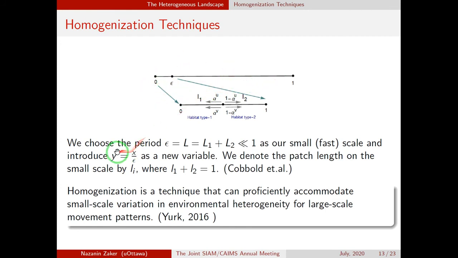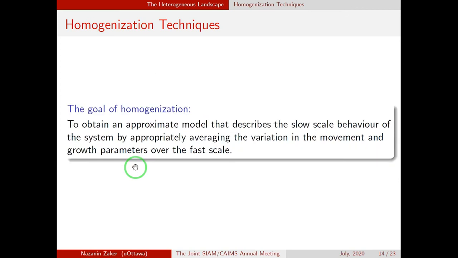This is the relationship between fast scale and slow scale in the homogenization technique. The goal of homogenization here is to obtain an approximate model that describes the slow scale behavior of the system by appropriately averaging the variation in movement and growth parameters over the landscape.